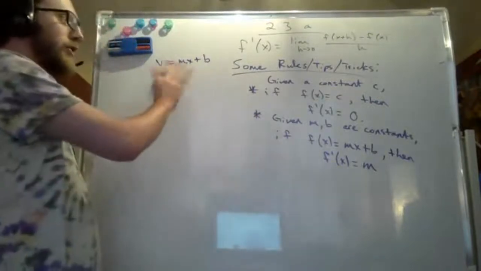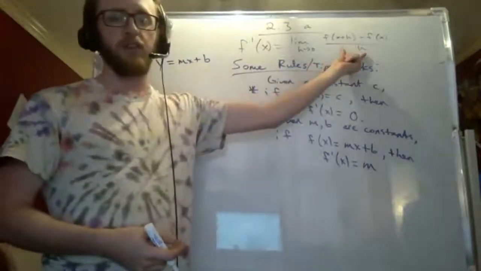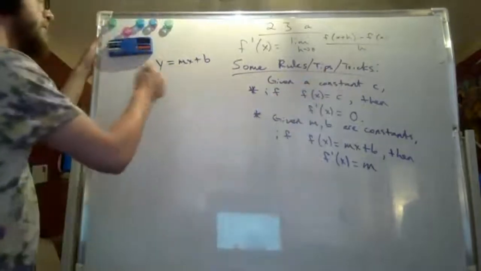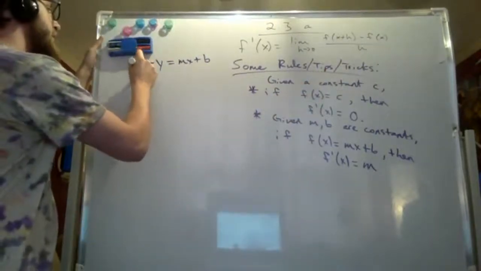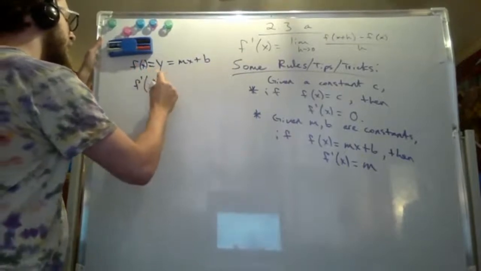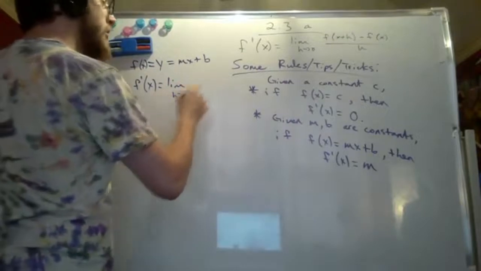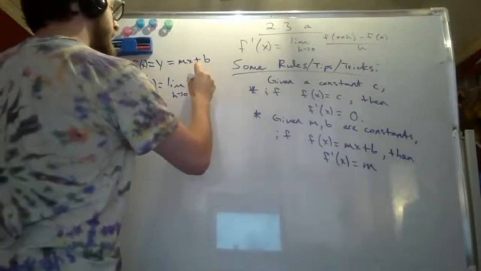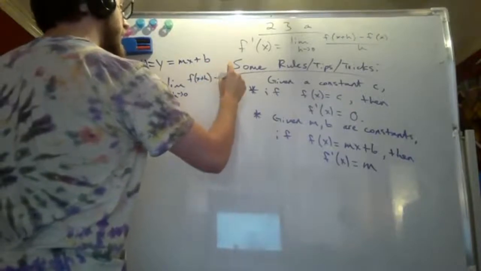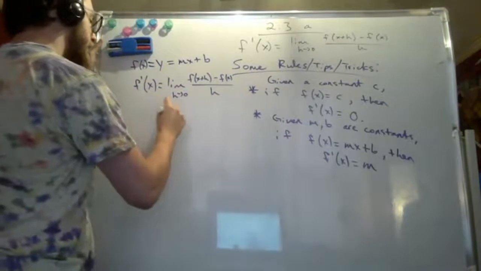But if you're not quite sold on that, well, we can actually prove it using our limit definition for the derivative. So let's try it out. So here's our f of x, and we want to find f prime. So this is the limit as h goes to 0 of f of x plus h minus f of x divided by h.